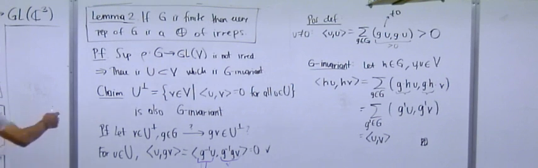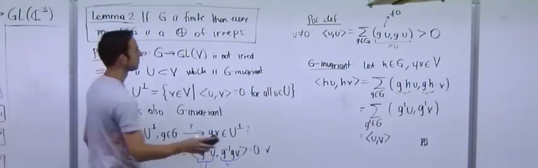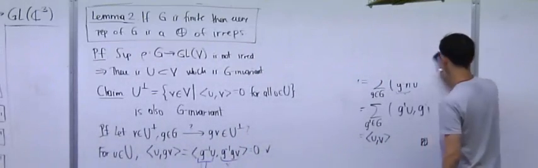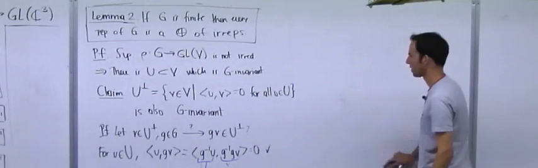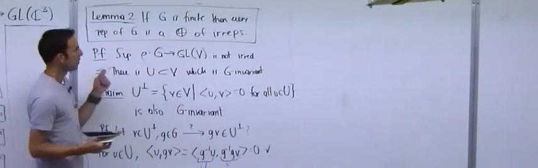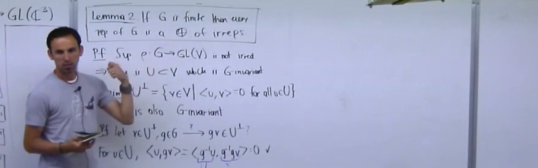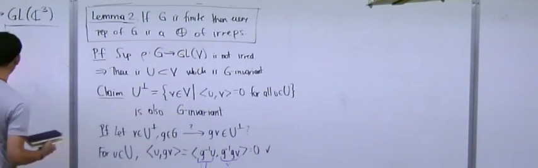So that's the claim, but I haven't proved the lemma yet. By the way, we should discuss something, because what I'm trying to say is that any group representation is a direct sum of irreducibles. Okay? And in particular, I want to do this for this example. So I would like to prove to you that this representation is a sum of irreducibles.